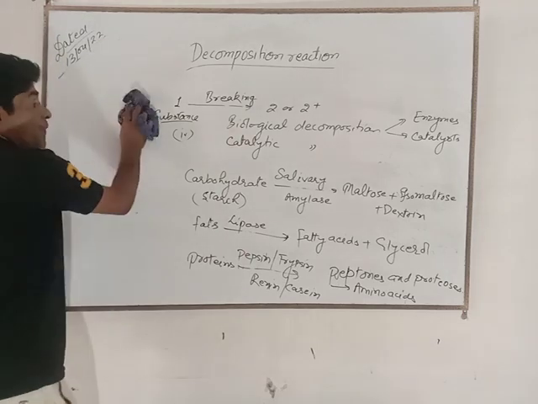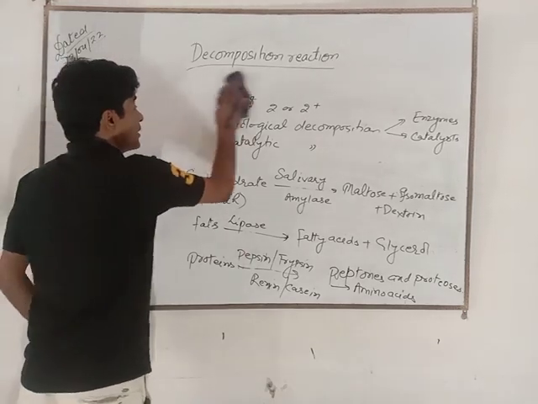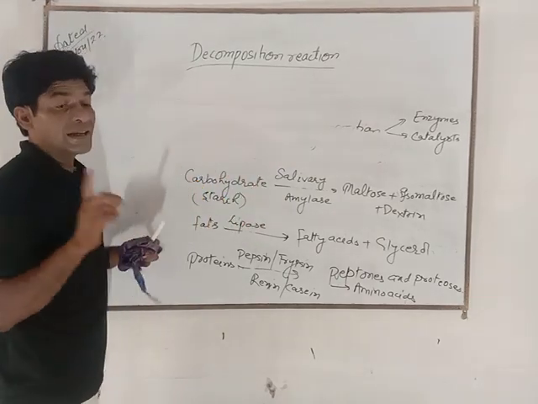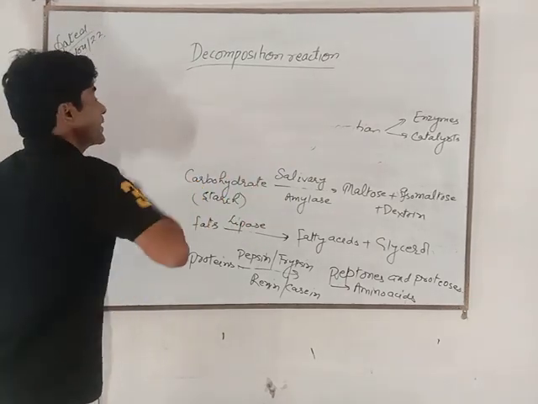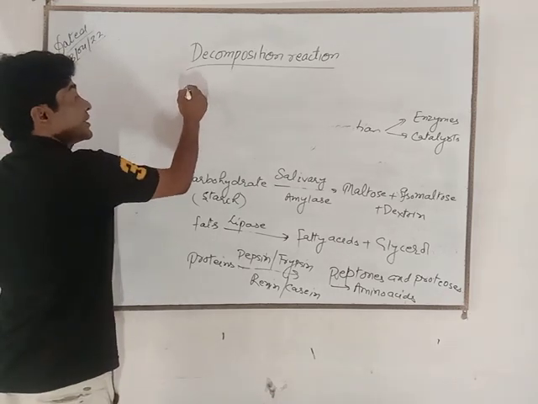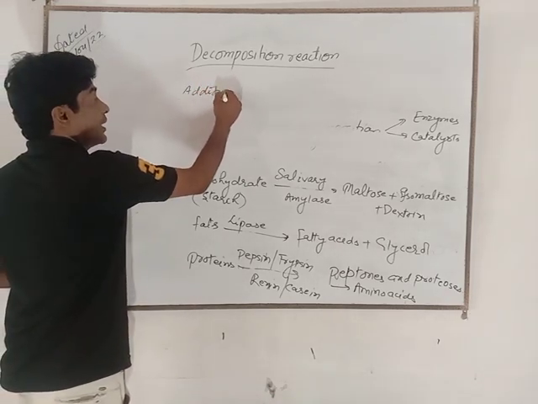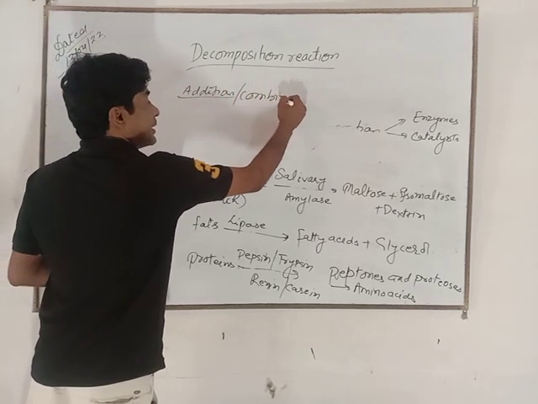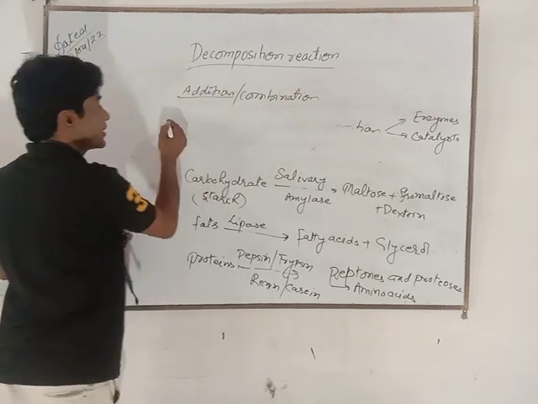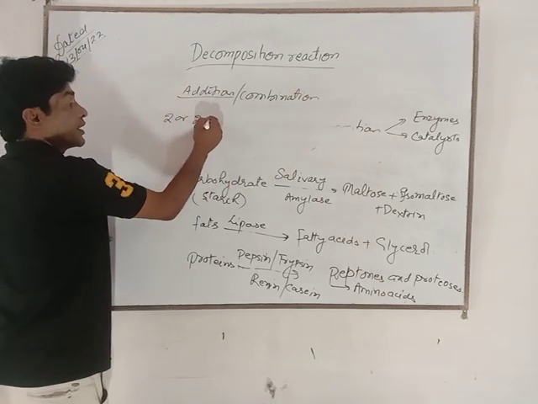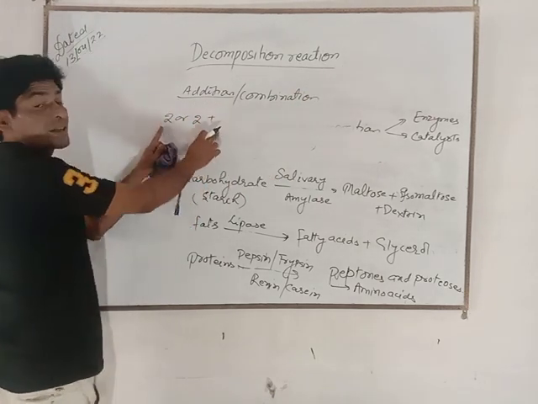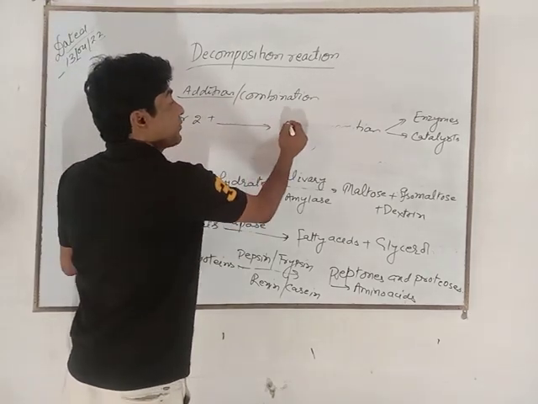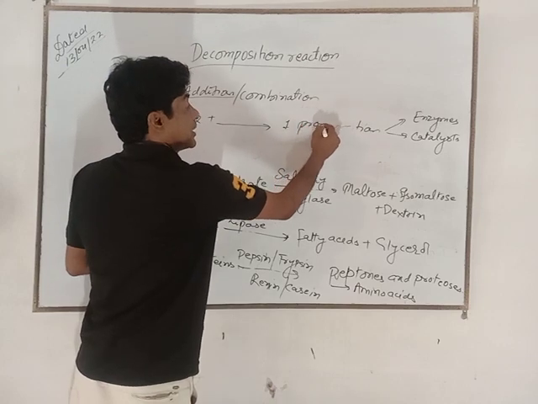And also one very important point to be understood here, that is decomposition reaction is just opposite to addition or combination reaction. In addition or combination reaction, 2 or 2 plus reactants chemically react with each other and form only one product, right?